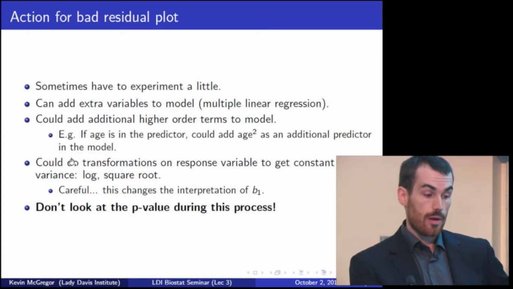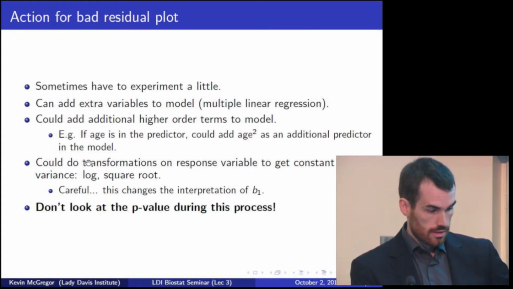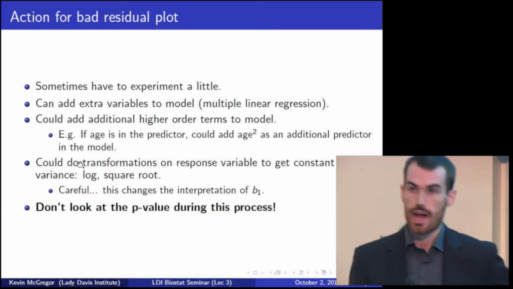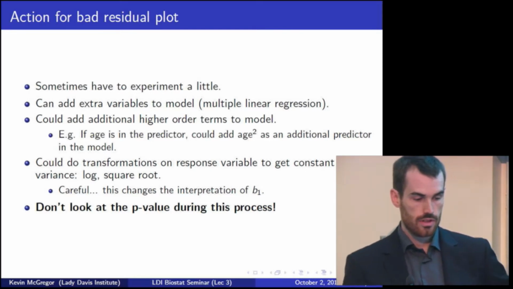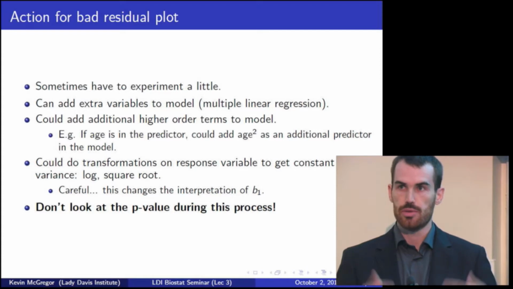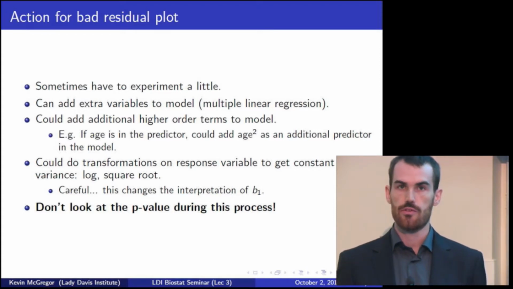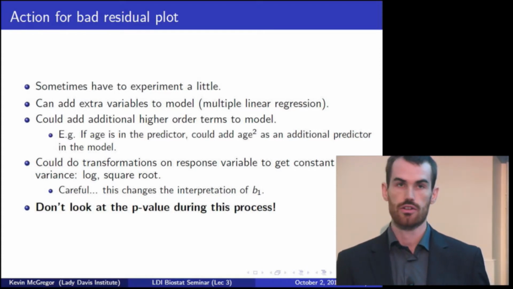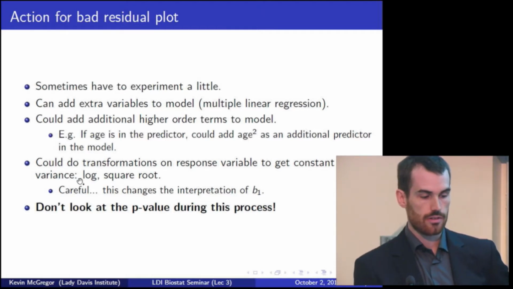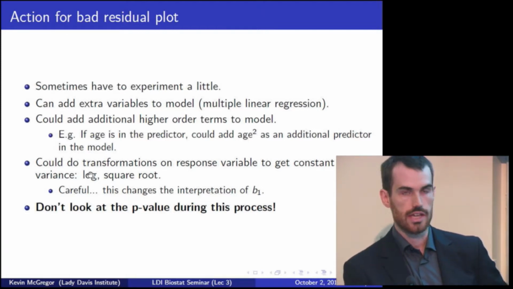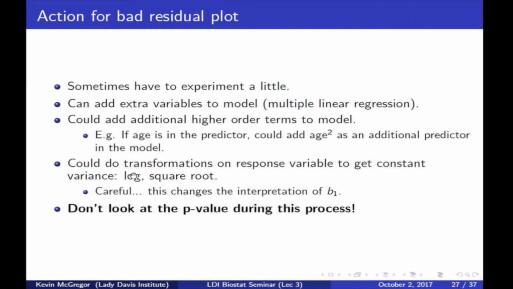One of the most common things that we do, however, is transform our outcome variable, our y variable. By transform, I mean we apply some mathematical function to the variable, and then we run our linear regression as we would before. Some examples include taking the log of our outcome variable, or taking the square root.